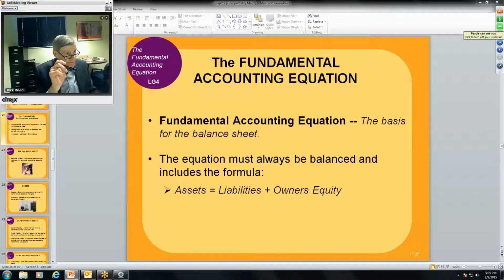Assets equal liabilities plus the owner's equity. That's always the way it is. So it's what we have equals our liabilities plus the owner's equity. So the owner's equity could be whatever he or she was over and above what these assets are. The assets belong to the organization.